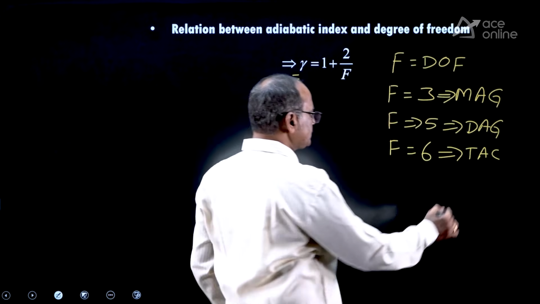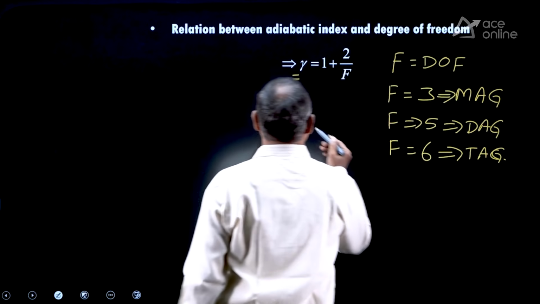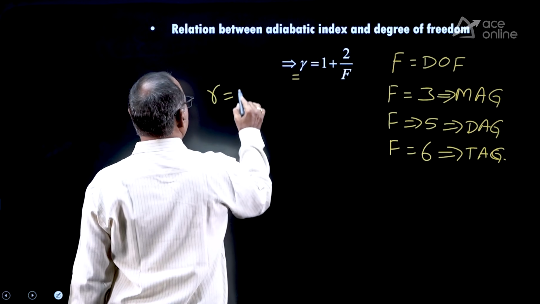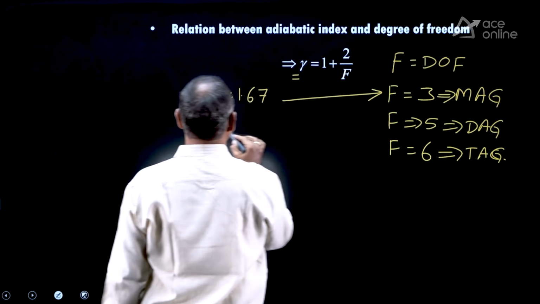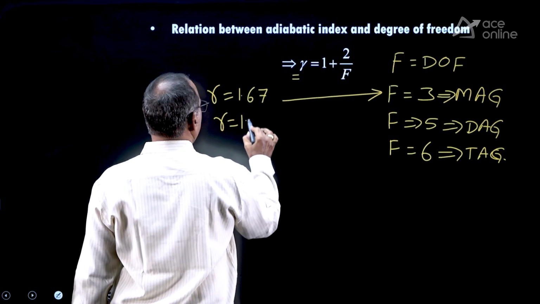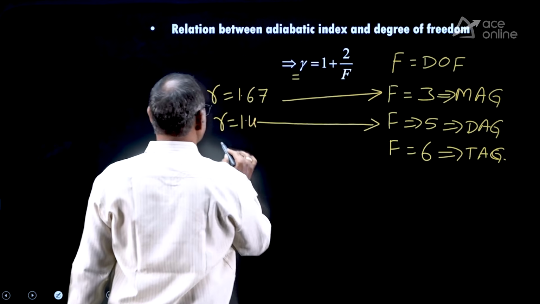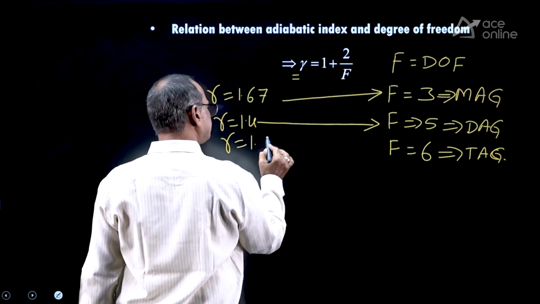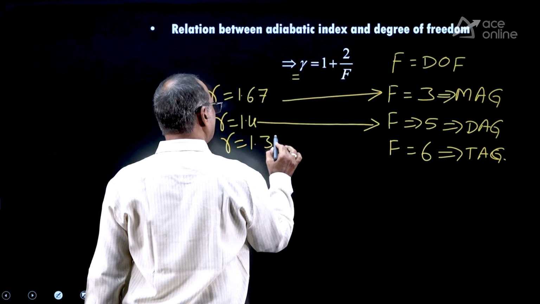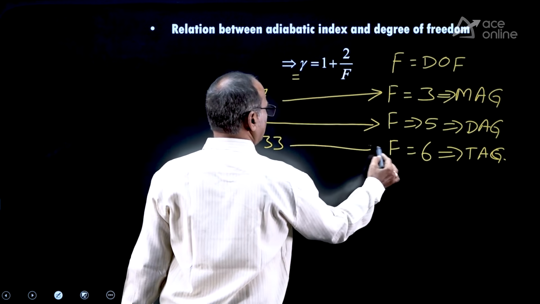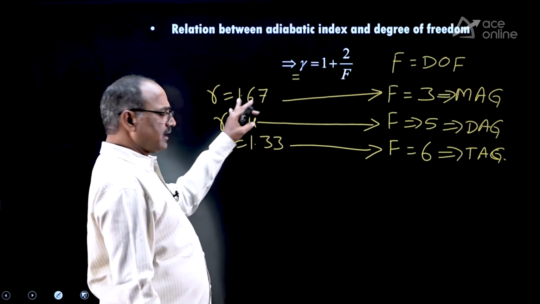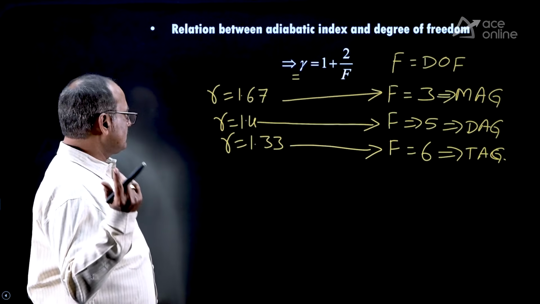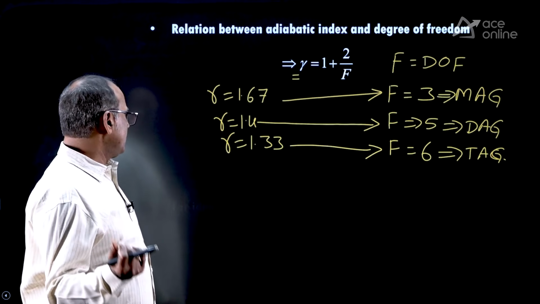If you substitute these values, you get gamma equal to 1.67 for monatomic gas, gamma equal to 1.4 for diatomic gas, and gamma equal to 1.33 or 1.34 for triatomic gas. Try to remember the degree of freedom and gamma values. There is a chance to ask one more question on degree of freedom.